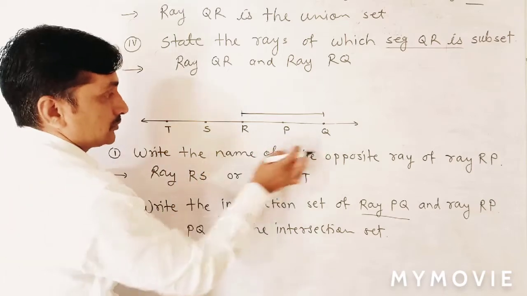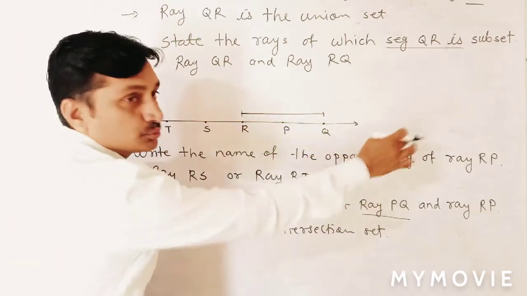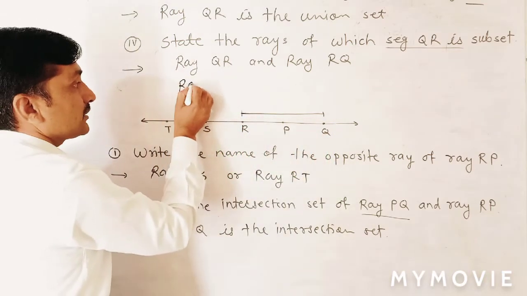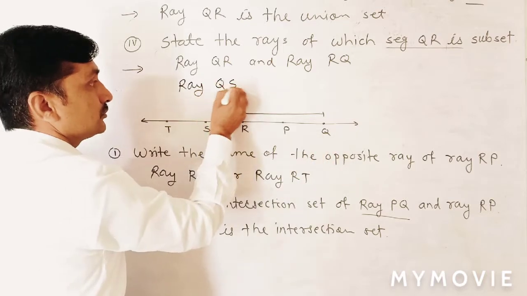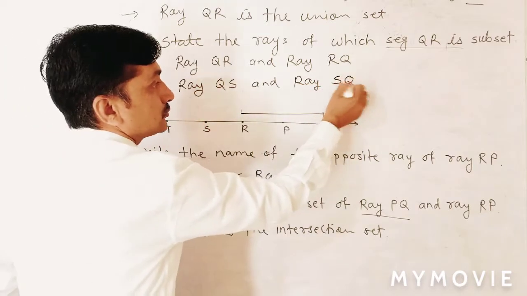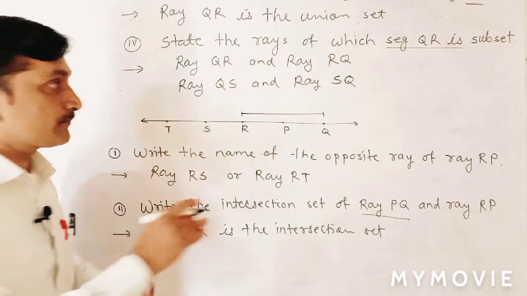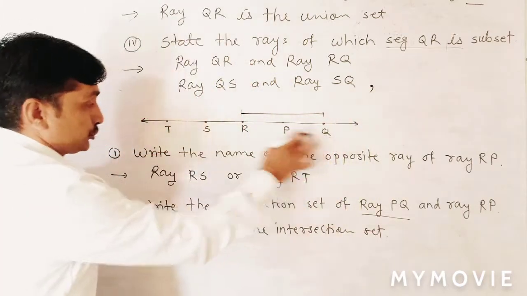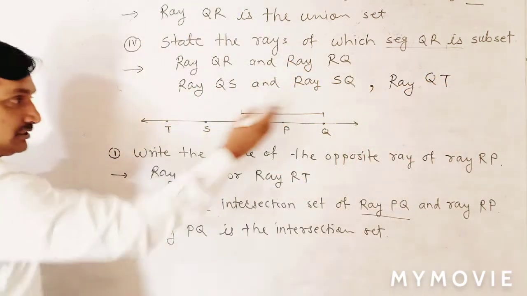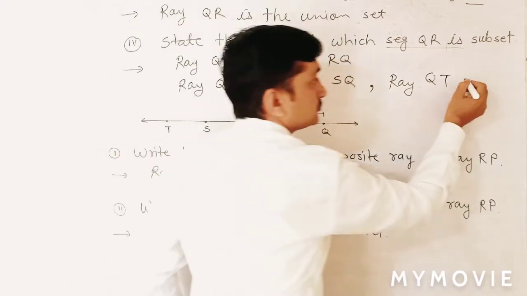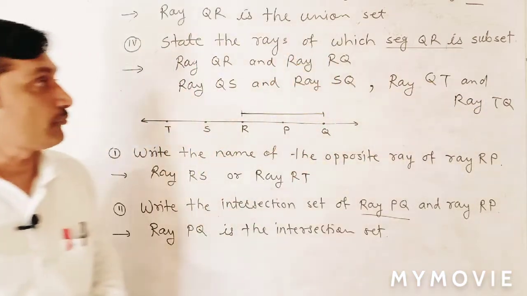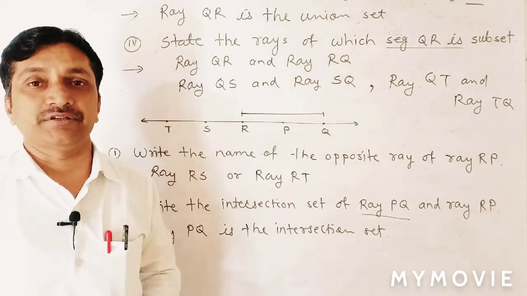Then ray QS and ray SQ, of these rays also QR is a part. One more pair, ray QT and ray TQ. These are the rays of which seg QR is a subset.